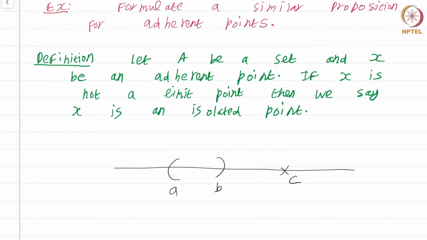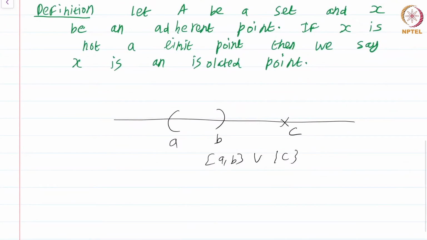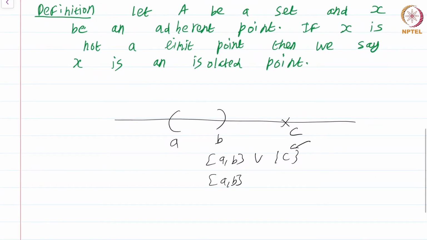Okay. Now we already know that the set of adherent points is going to be the closed set [a, b] union this single point c. And we already know that the set of limit points is going to be this closed set [a, b]. So this point c is going to be an isolated point.